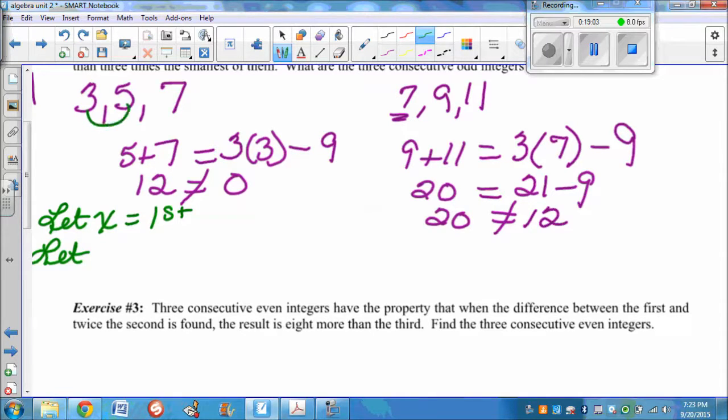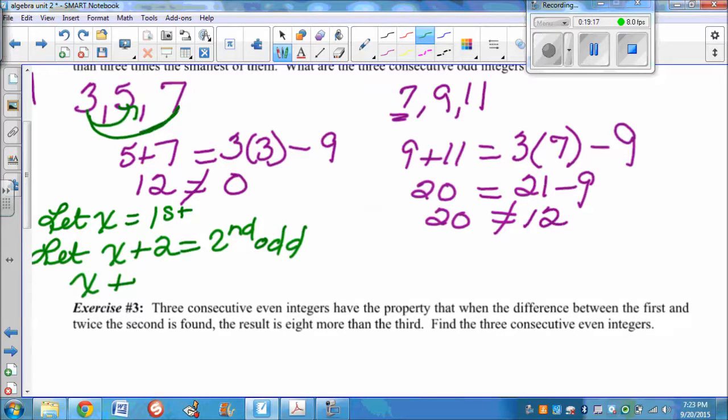How far apart is 3 to 5? It's 2. So the next one's going to be x plus 2, my second odd integer. And then x plus, what's the distance between these two here? It's 4. So x plus 4 is going to be your third odd integer.